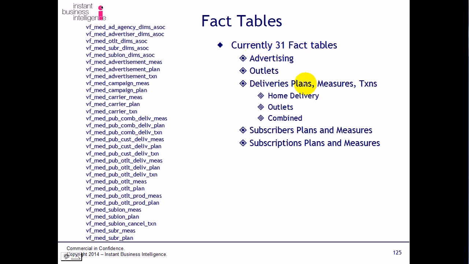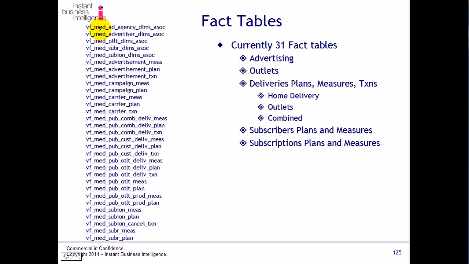And the fact tables, there's currently 31 fact tables, and they make pretty much complete sense just by reading the names of them. You will have with you also the descriptions of these fact tables. So you have advertising, outlets, delivery, plans, measures, transactions for home delivery, outlets and combined, subscribers, plans and measures, subscriptions, plans and measures.